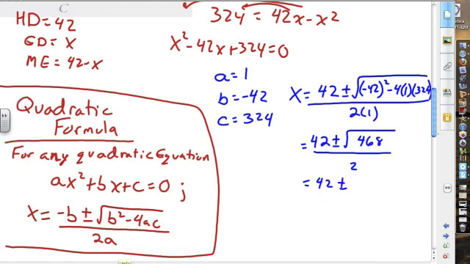So this means I got 42 plus or minus, well, the square root of 468 is like 21.63-ish. Divide all that by 2. Okay, so now I'm going to go ahead and add them. If I add them, hold on a second, I'm storing the number.